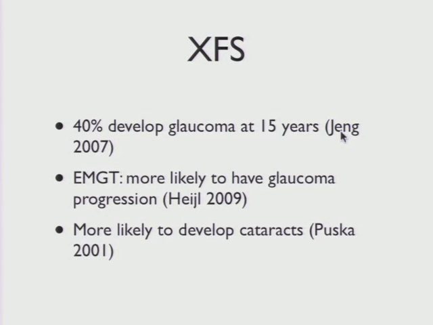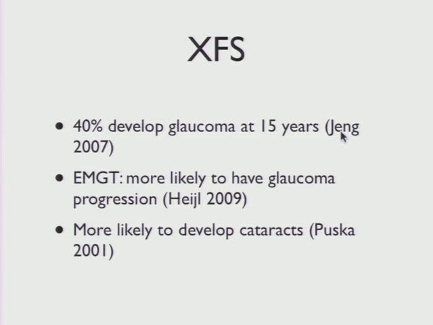Now, about 40% of individuals who have been diagnosed with pseudoexfoliation syndrome will develop glaucoma about 15 years after the pseudoexfoliation syndrome is first discovered. So this is a major risk factor for developing glaucoma. Pseudoexfoliation syndrome is found more commonly in certain populations, for instance in Scandinavians or in Russians, but it is distributed worldwide.